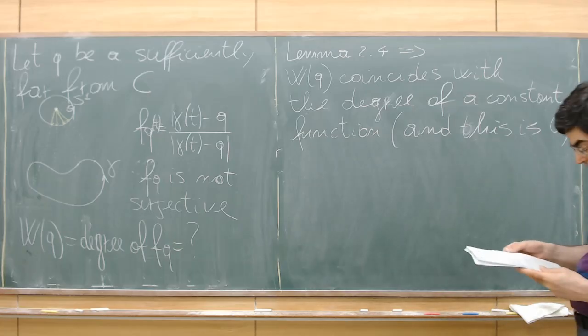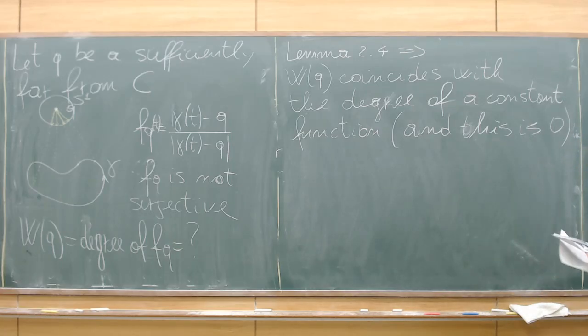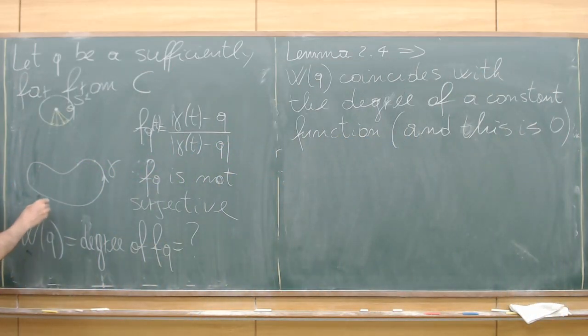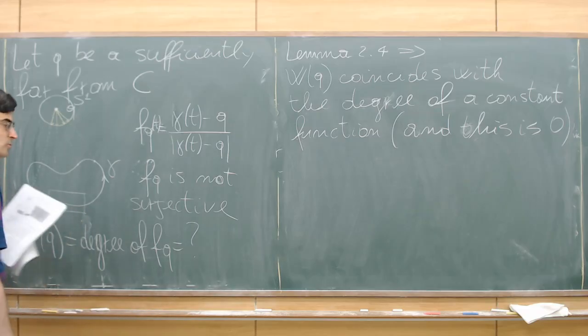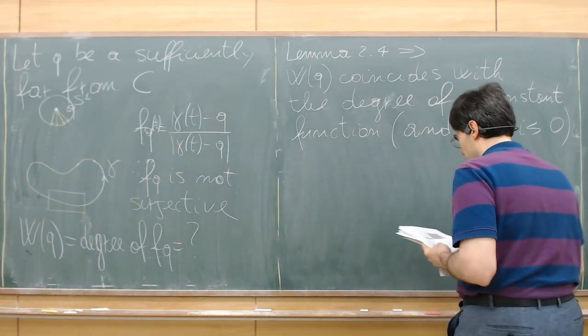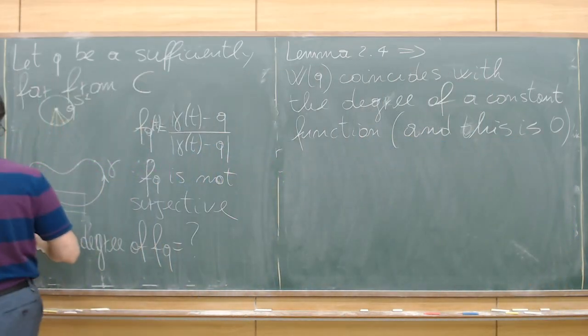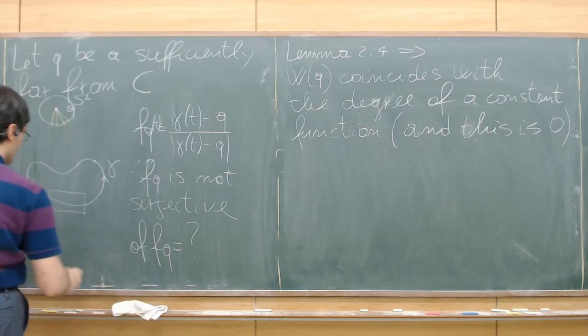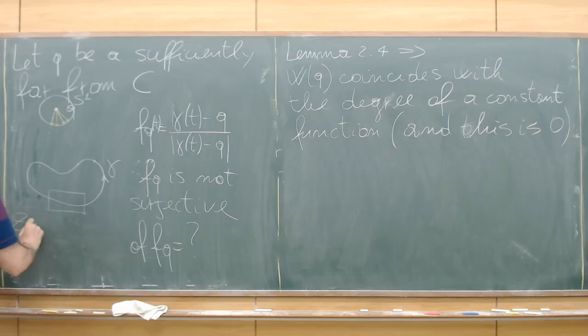Okay, now the idea for doing this is the following. Consider, for example, this part of the trace of gamma, and here let's choose a zooming window.